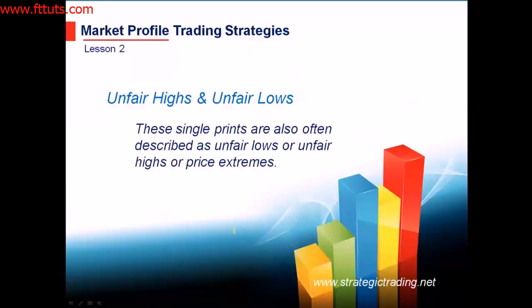All right, we talked about the selling tails and the buying tails. We also use different terminology to describe these same phenomena. You will also hear the terms unfair highs and unfair lows, or accepted or rejected prices.